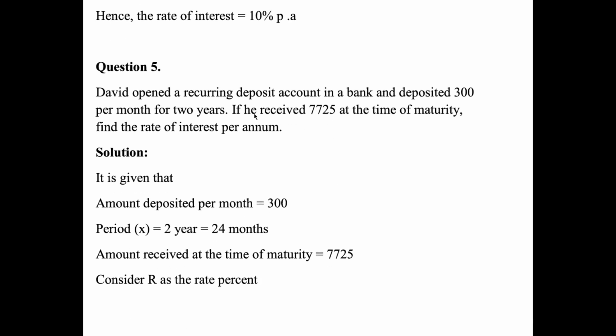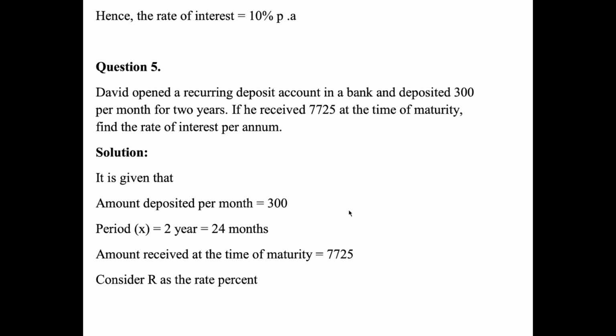David opened a recurring deposit account in a bank and deposited rupees 300 per month for 2 years. If he received 7725 at the time of maturity, find the rate of interest per annum. So here deposit 300 per month for 2 years means 12 into 2, that is total 24 months.